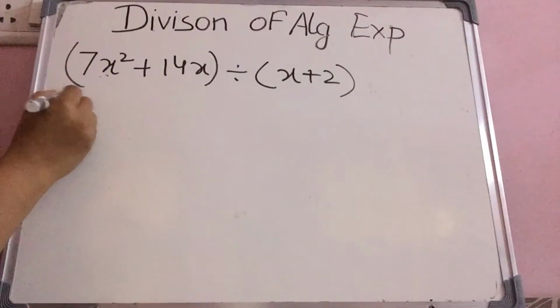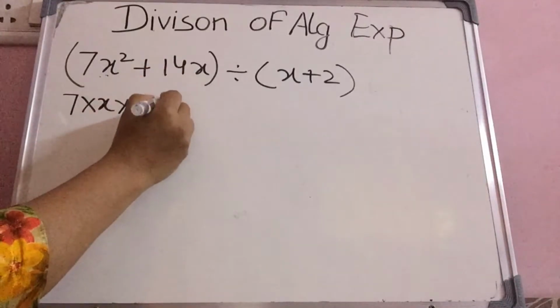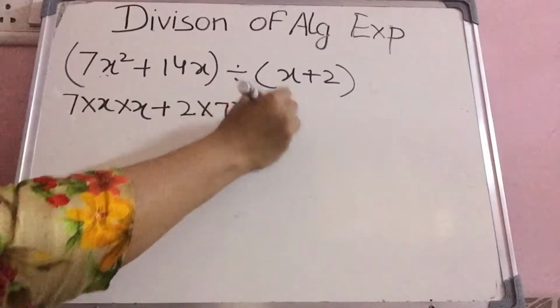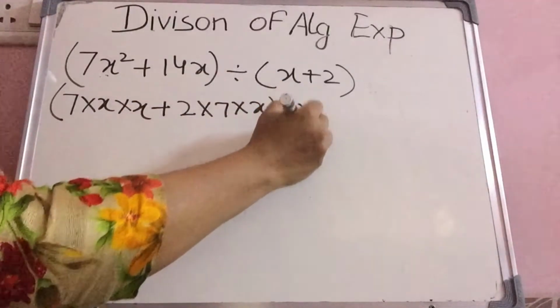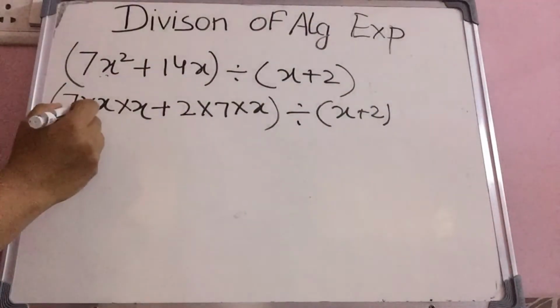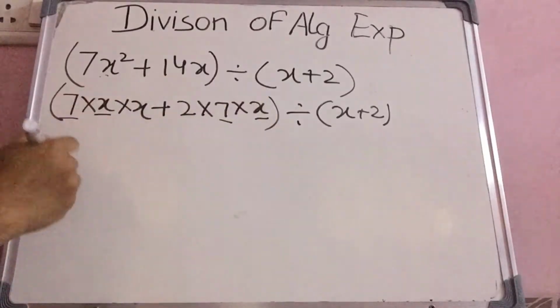Factors of this will be 7 into x, and what will be the factor of 14x? 2 into 7 into x. We will write the other term like this. Now we have 7 common in both the terms and x common in both the terms.